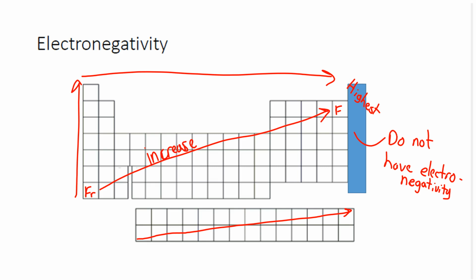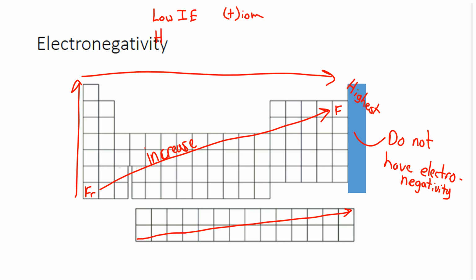Now remember, if an element has a low ionization energy, what type of ion is it likely to produce? Ionization energy tells us how easy it is to steal electrons from it. So it's going to be positive. Something with a low IE will make a positive ion.